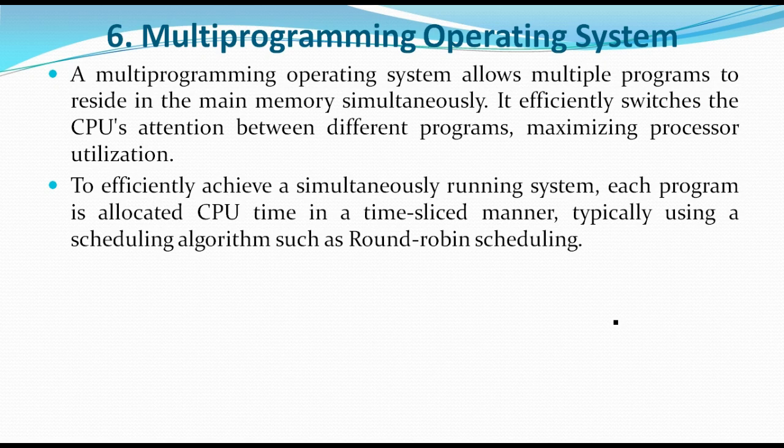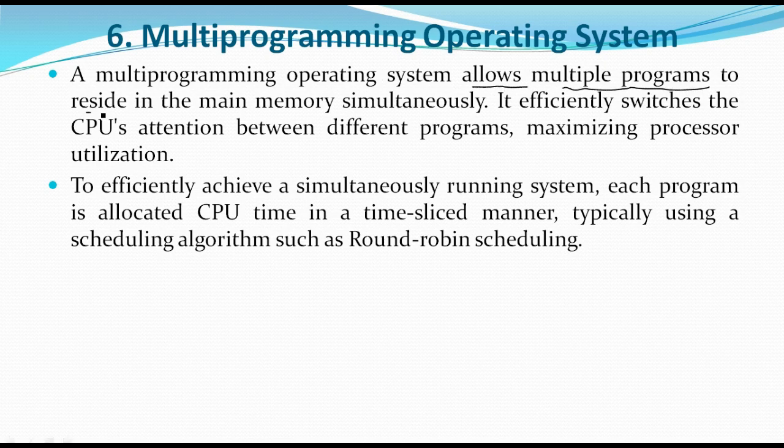If multiple processes, say P1, P2, P3, are entering the CPU, they will enter one after the other, or they might be given some priority. Based on that priority, P1, P2, P3 will occupy the CPU and all the processes get executed.